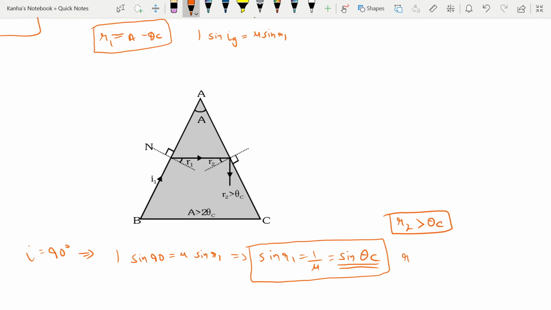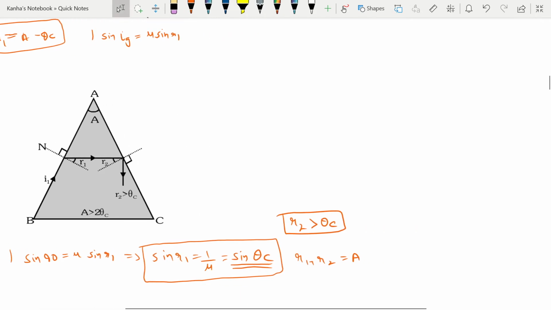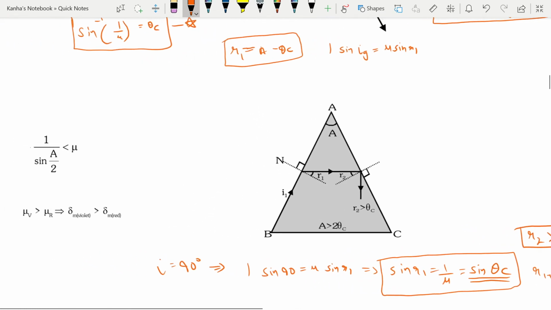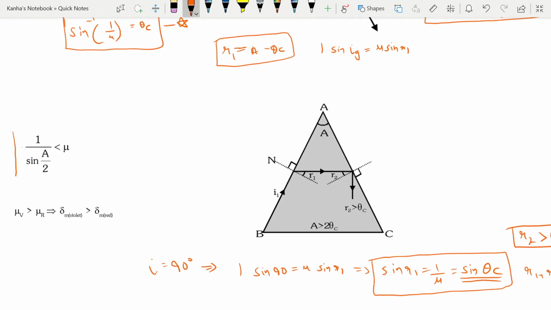And we already know that R1 plus R2 is equal to A. Thus R1 plus R2 is greater than theta C plus theta C. That implies A is greater than 2 theta C. So from here you can easily get that 1 by sine of A by 2 should be less than mu for the condition of no emergence, or your refractive index should be greater than 1 by sine A by 2, whichever way you want to remember this. This is a very handy tool.